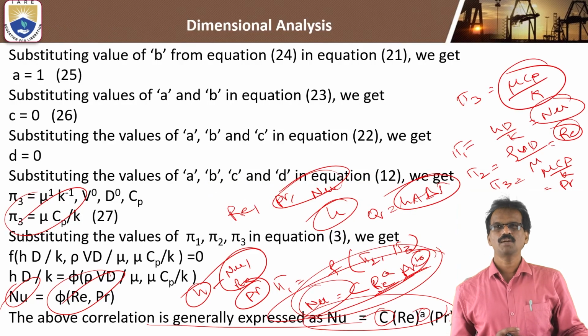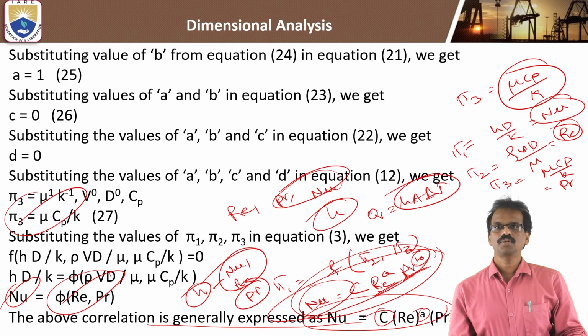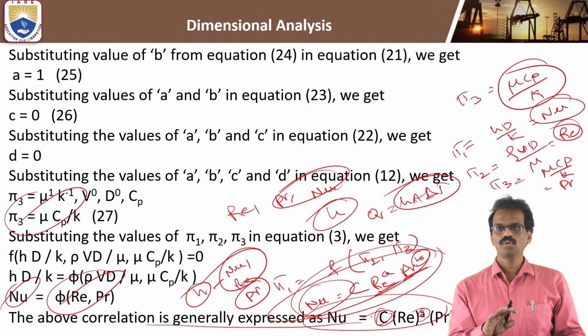By using dimensionless analysis, we can study different flows, either natural convection flow or forced convection flow. These constants A, B depend upon the flow conditions.